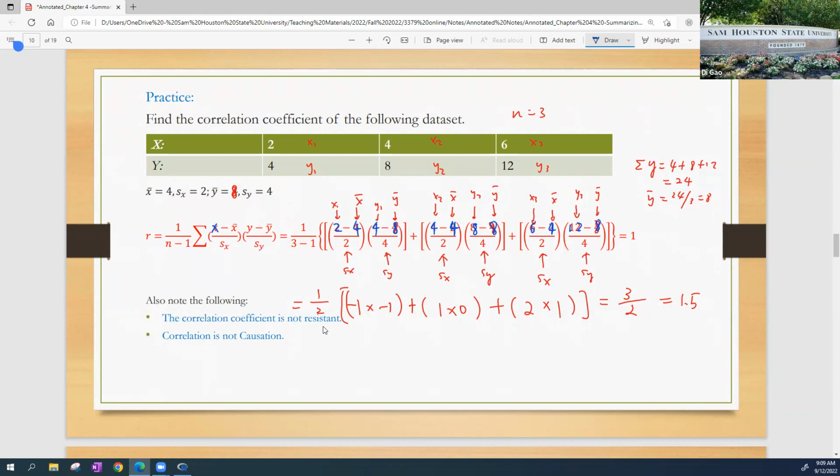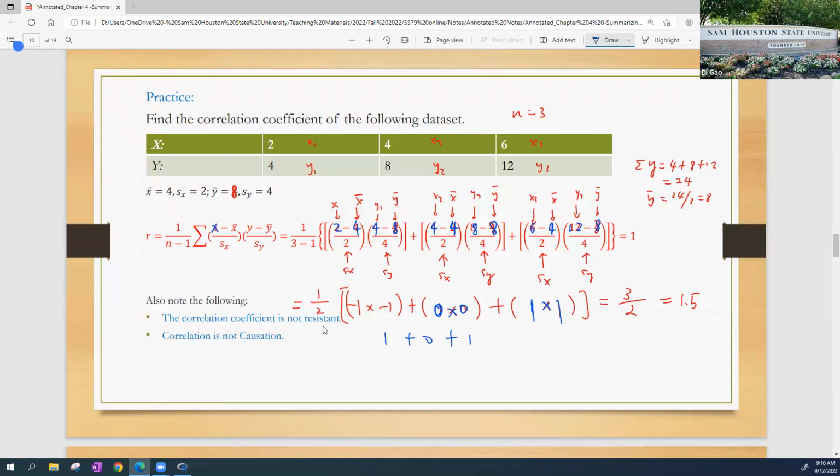So we got -1 times -1 plus, that's a 0 actually, so 0 times 0. And 6 minus 4, that's 2 divided by 2, so here should be 1, and times 1.